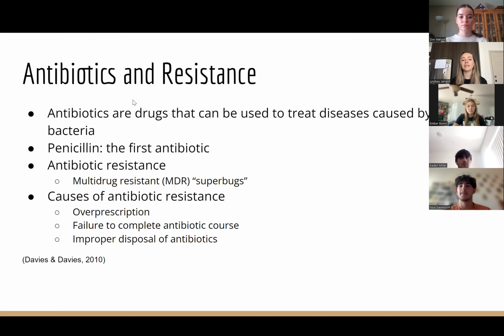Main causes of this are overprescription, failure to complete an antibiotic course, and improper disposal of antibiotics. This is all just a part of exposing a bacteria to a drug, but not completely killing it, which gives the colony time to adapt over generations, and they adapt ways to resist the drugs.